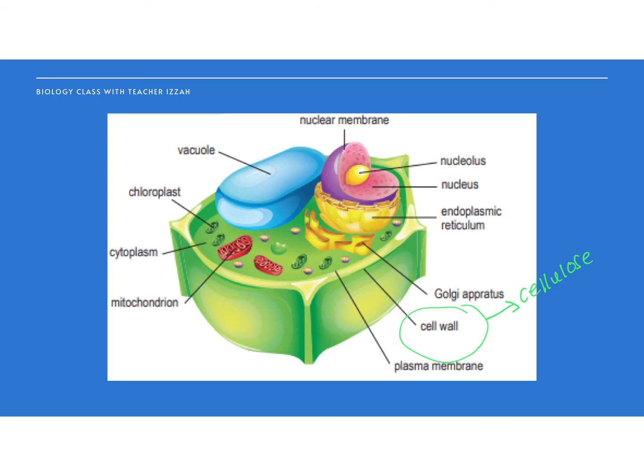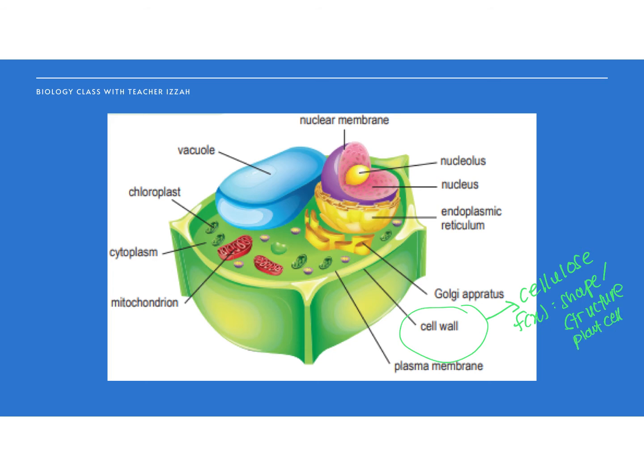The function of the cell wall is that it gives shape and structure to the plant cell.